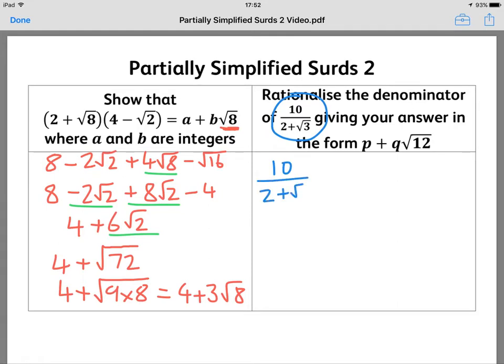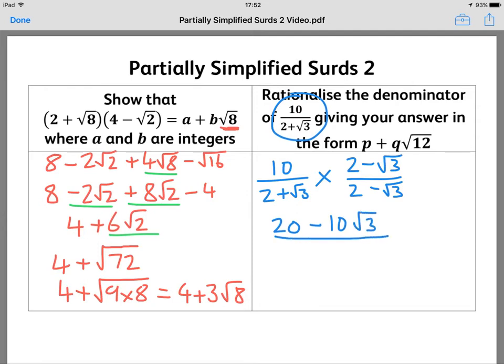We've got this. Now, we multiply by a special 1, don't we? So, 2 minus root 3 is a bit like the difference of 2 squares when you're multiplying out brackets, isn't it? Anyway, this is what happens. Now, we get 10 times 2, which is 20, minus 10 root 3.